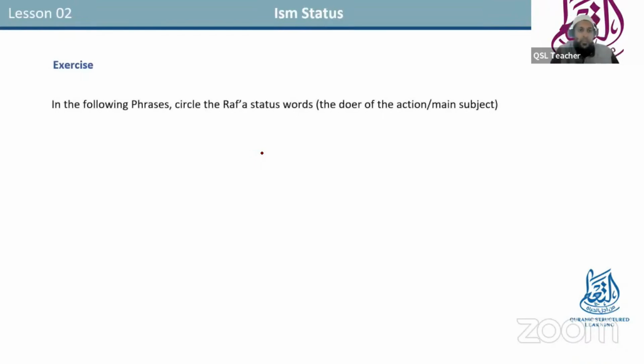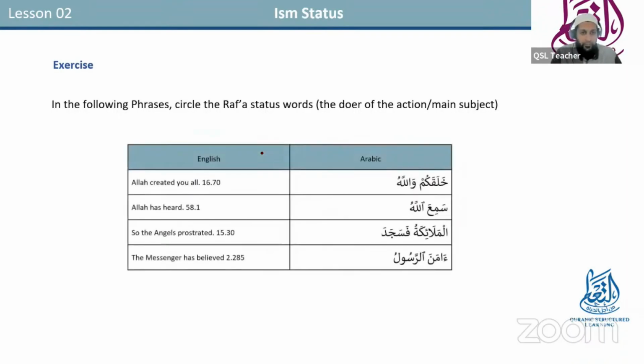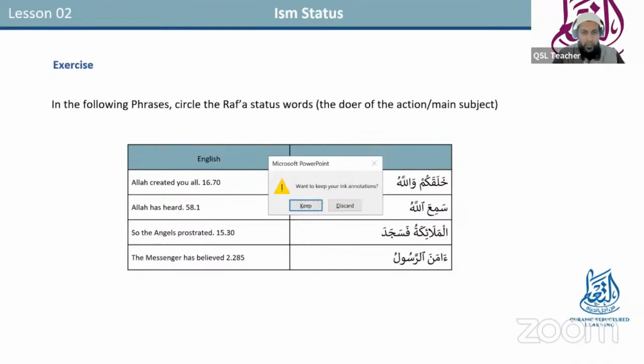So in the following phrases, circle the rafa' status words, the doer of the action. So let's look at the first one. Allah created you all. The Arabic equivalent is wallahu khalaqakum. Let me just get the right slide up.